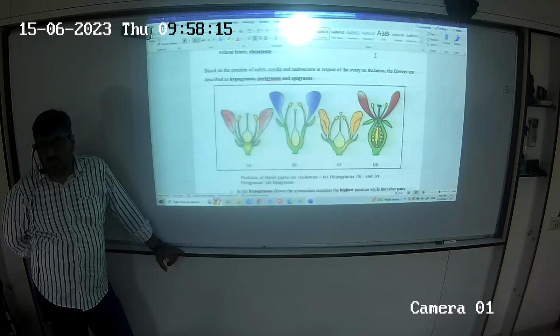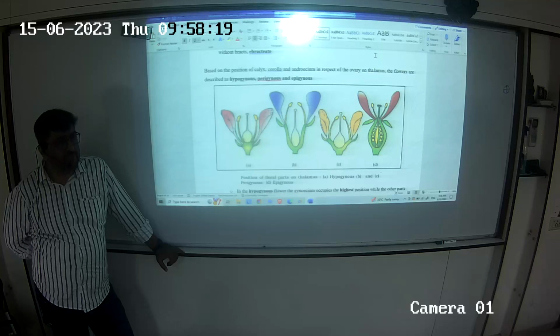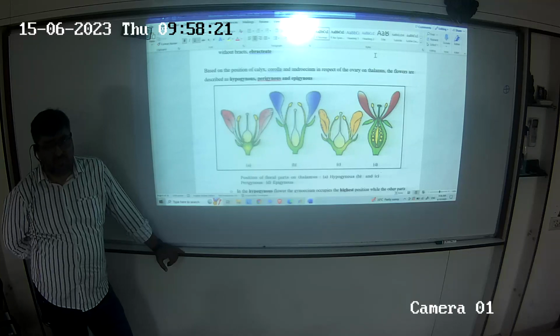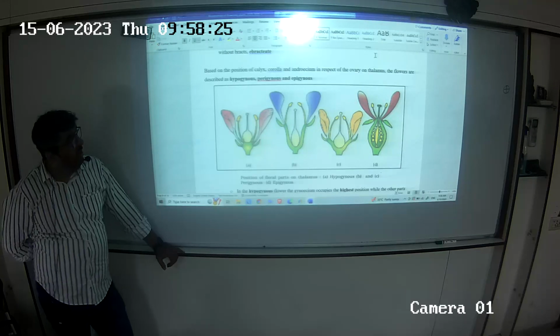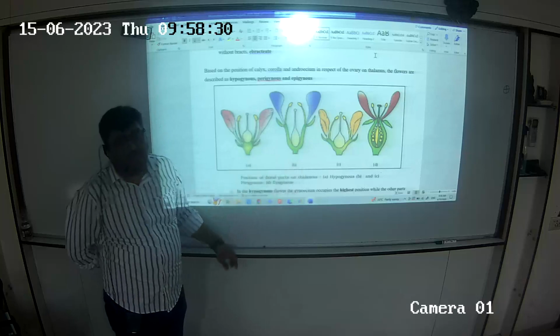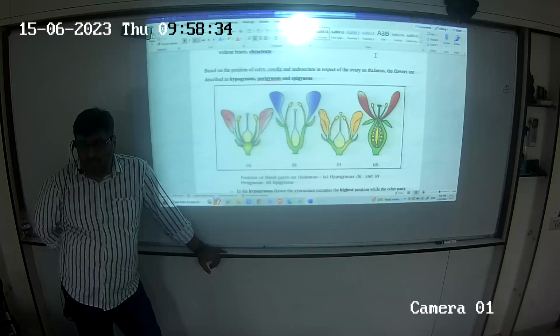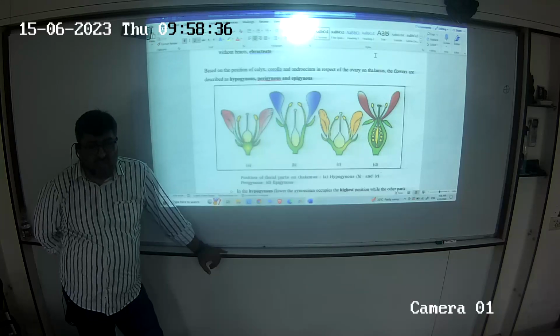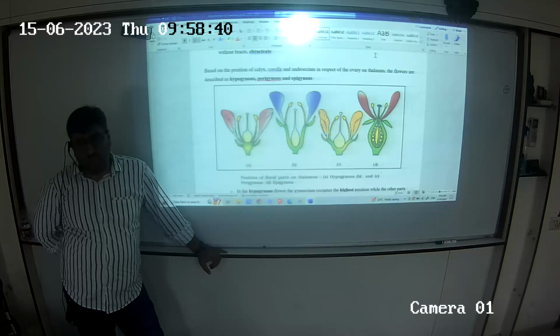Now, we are trying to compare the position of these four floral whorls vis-a-vis each other. When we saw the diagram of the flower, did we come to know one thing? Calyx is always the outermost. And which is the innermost one? Gynoecium. Gynoecium is the innermost one.